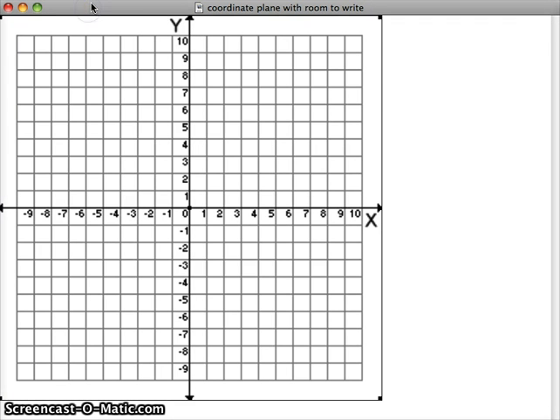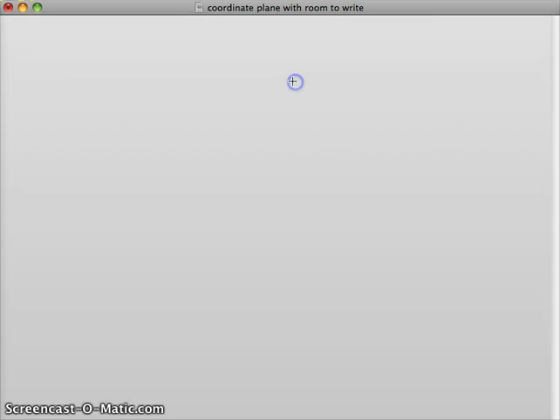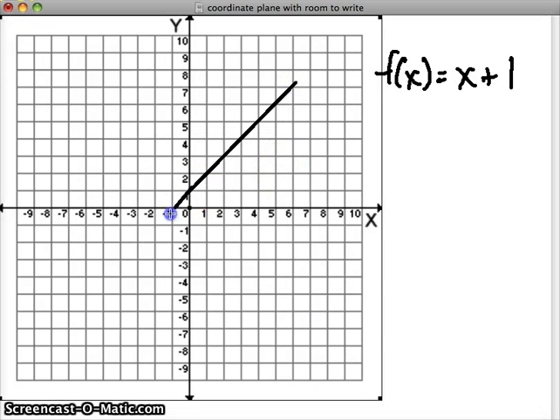So the first type of polynomial function would be a linear function. So if I have something like this, hopefully you're familiar with that type of graph. It would just start at 1 and have a slope of 1 over 1. So it would do something like that, and obviously keep going in this direction as well.